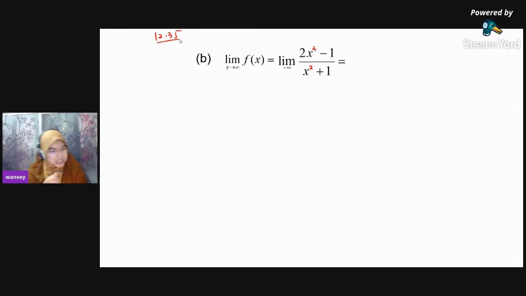Okay, so I think tak apalah, tak perlu lama sangat, tak apa kot. Okay, so let me start with this. Tak jadi nak tunggu sampai 35, 34 je lah.